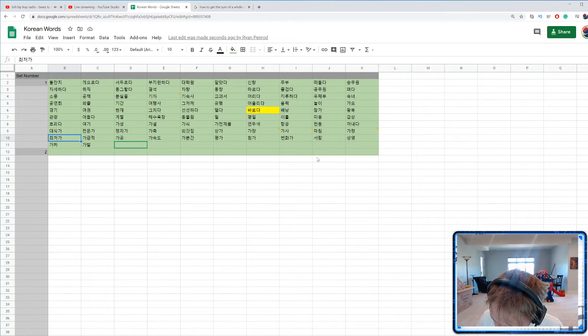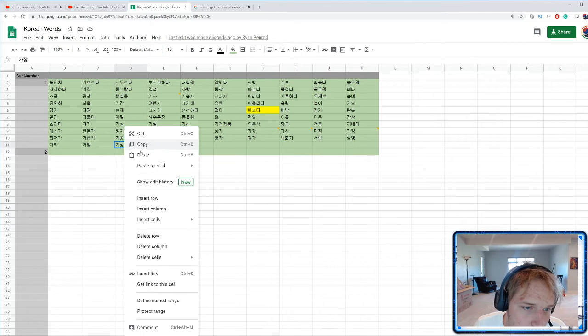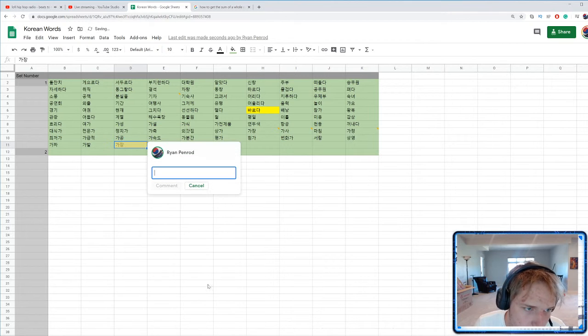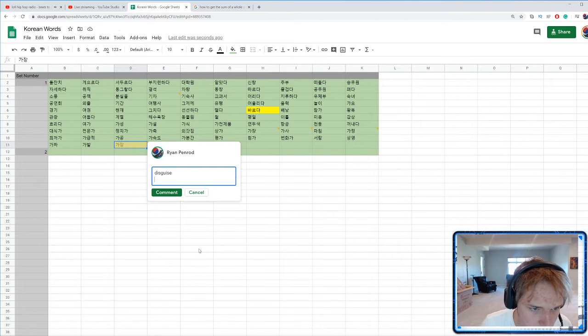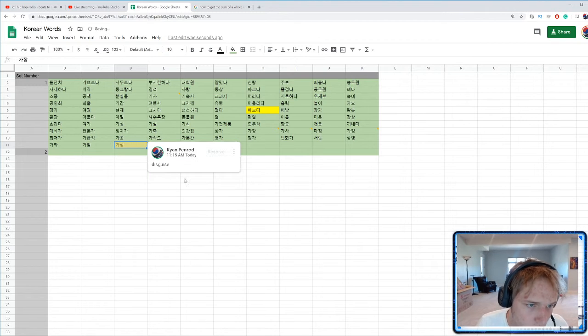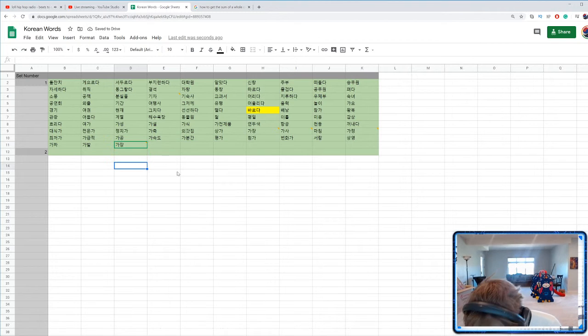Disguise, camouflage. Kajang. Here we go. Kajang. This one, I got a comment on it. What was it? Disguise? Disguise. There we go.